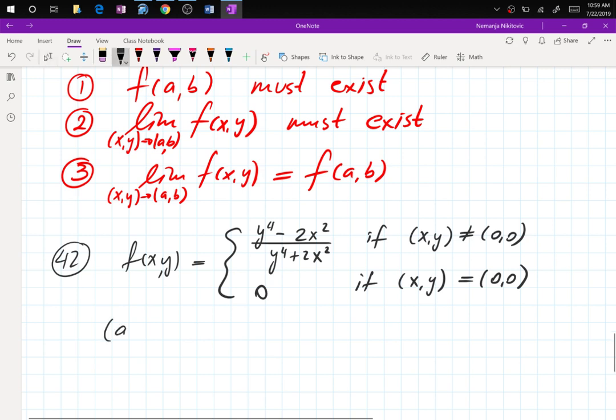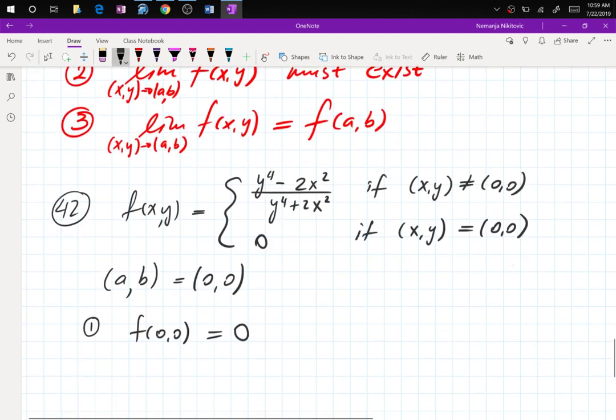So your point (a, b) is the (0, 0) point. And you just run through all of the calculations. So number 1, what's f of (0, 0)? Well, by definition, it's 0. That's the second line of your piecewise function.